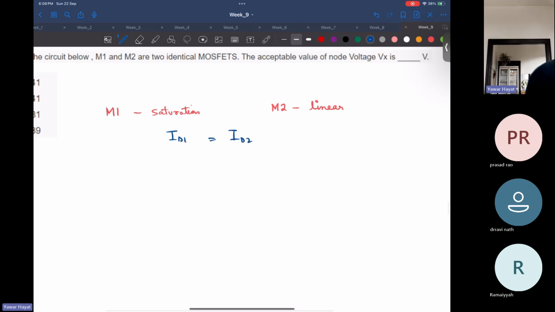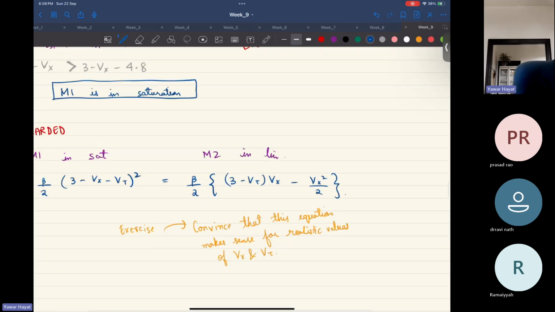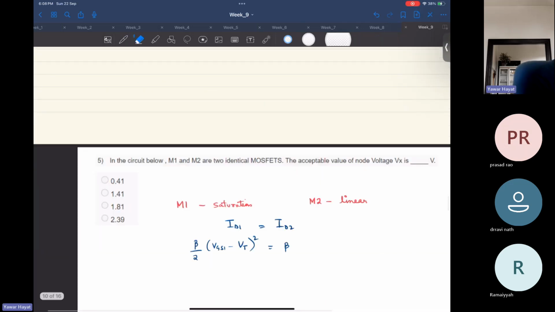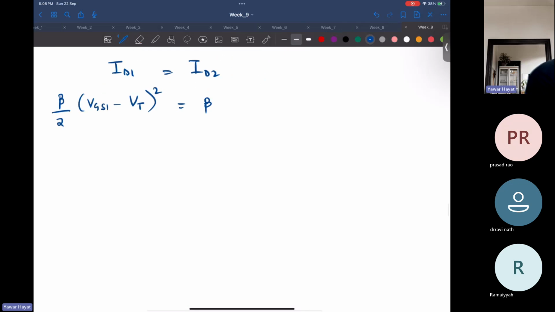So what is ID1? ID1 is your beta by 2 times (VGS1 minus VT) whole square, and that is equal to, wait, did I use beta here? It was beta, sorry, not beta by 2. So this is beta, and here this VG is 2 minus VT times Vx minus Vx square whole divided by 2.